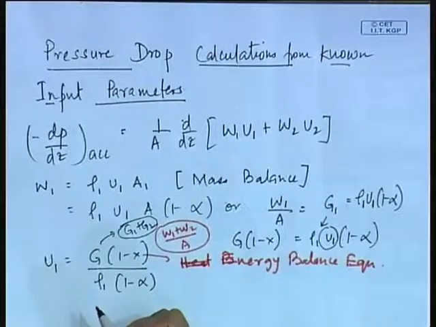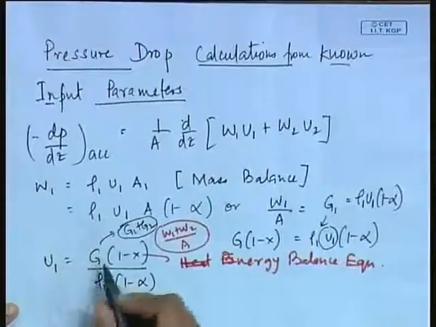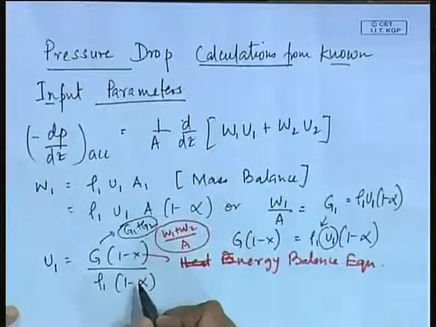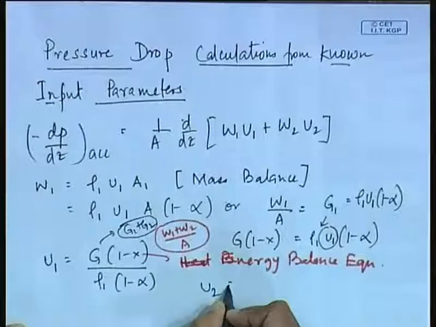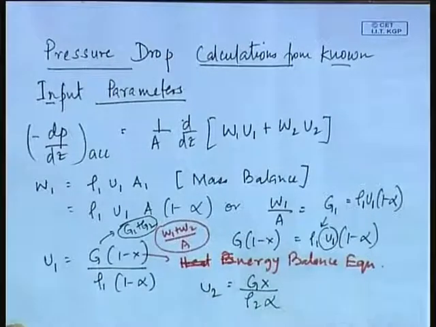Rho 1 is usually constant. Okay. In case it varies, we can find out the variation either from the thermodynamic equation of state, or maybe when there is some phase change we can consider that. Okay. And therefore, u1 is obtained in terms of measurable parameters. Similarly, u2, proceeding similarly, we can get it as G x by rho 2 alpha.